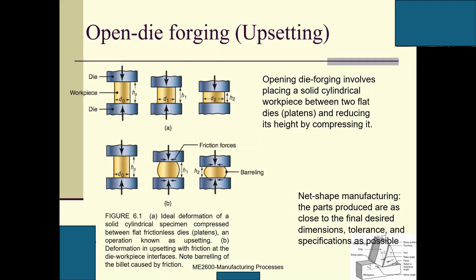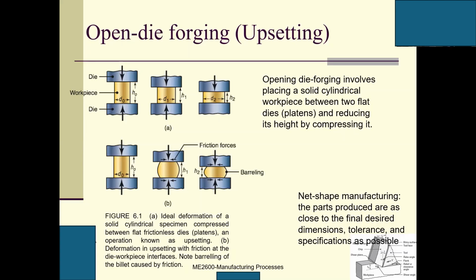If these two dies move together, the dimension of the workpiece in this direction will decrease. However, it will expand laterally. You agree? That's the reason it is called open die forging. So here this is the original diameter D0 and original height H0. After I apply load, after some time, I have D1, H1. Further, I have D2, H2.